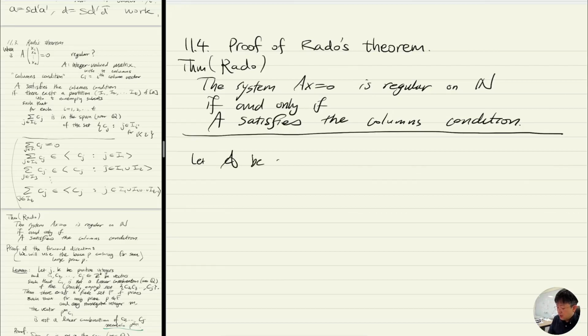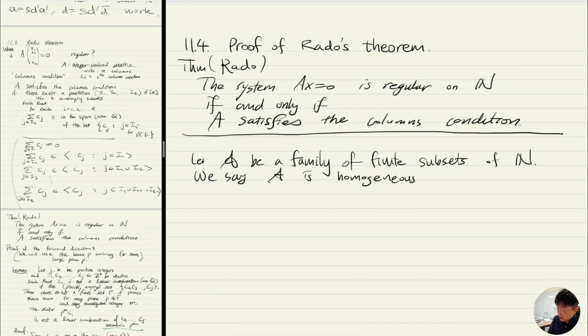So let A be a family of finite subsets of the set of positive integers, and we say A is homogeneous if n times x is in A for all positive integers n and x in A. So whenever you multiply by a positive integer, it's still in A. You can think of this A as the set of all solutions of homogeneous linear equations.